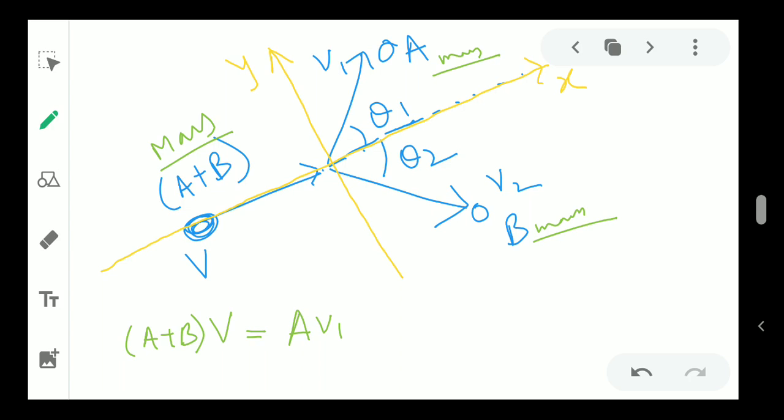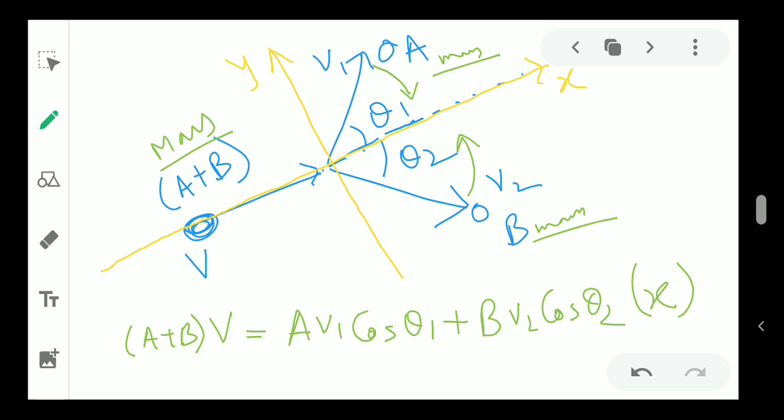I have to take the velocity along the x-axis, so what I'm doing is taking the projection of V1 and V2 along the x-axis. So this is my equation along the x-axis. Don't think that this is multiplication.